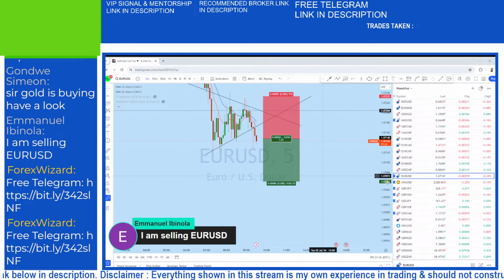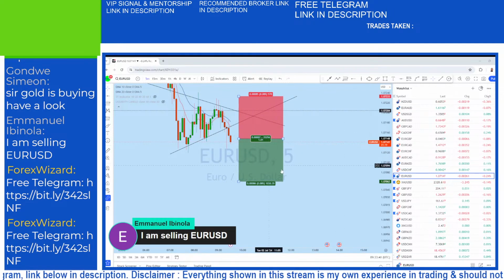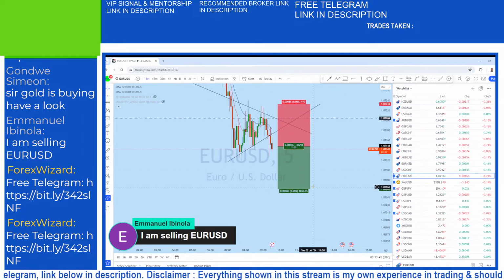So we can see that EUR/USD, we have sold it, and it's a low risk reward, but the probability is higher. So I'm using the probability.